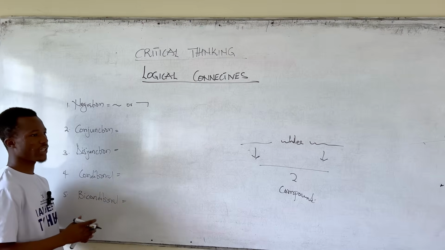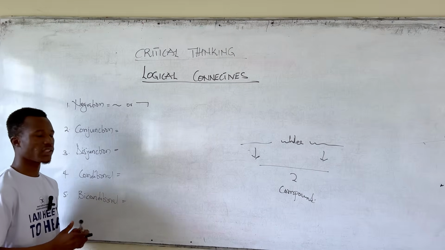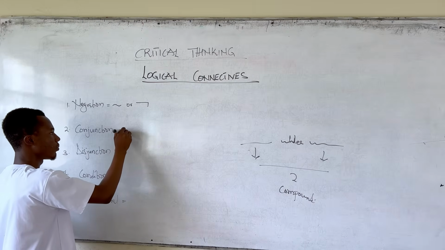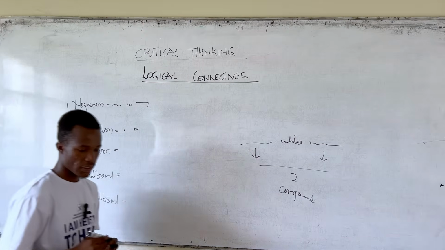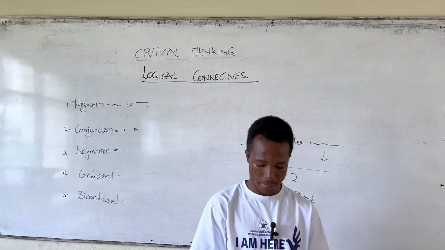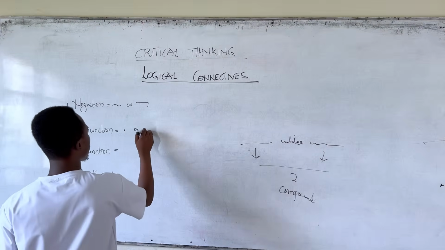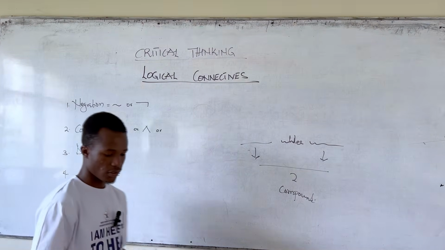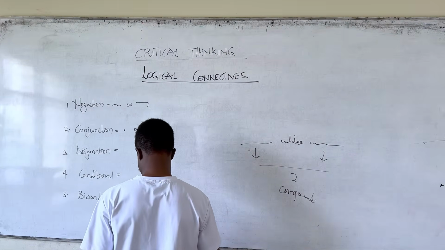For conjunction, it has so many, but let's look at the common ones. The first one is the full stop. Or the second one, I don't know how to draw it, but I'll still try. You have this, the last one. Let me look at it very well and see whether I can draw it.